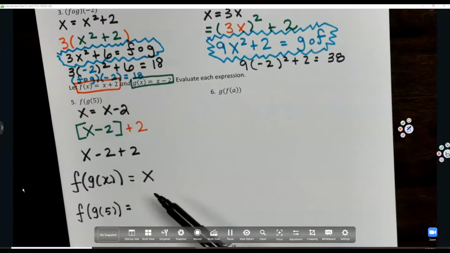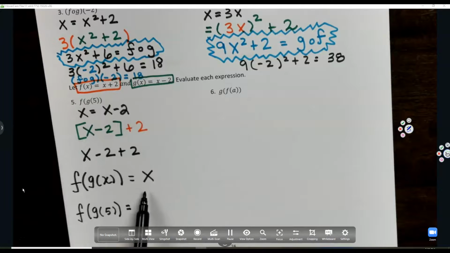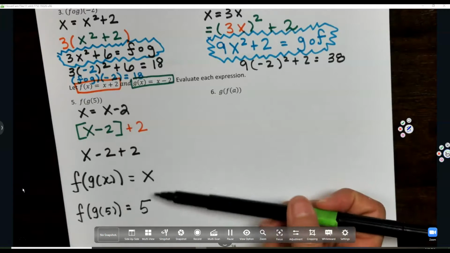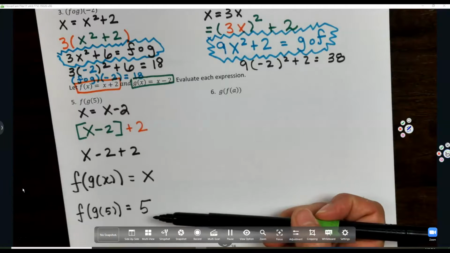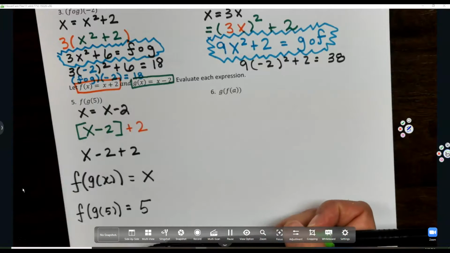Your x's are inputs. So I'm going to drop a 5 in here for the letter x. So the answer is 5. When you have just the x, the input and the output are exactly the same.